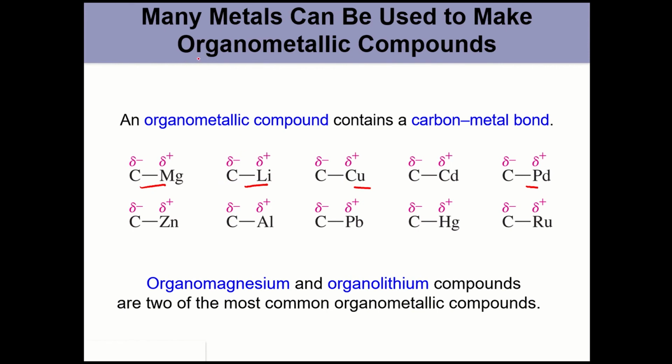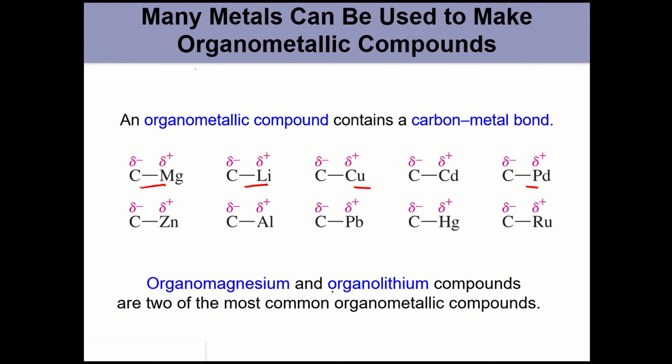So the name says organometallic. That means when we name these compounds, we put the organic part first and then mention the metallic part second. For example, magnesium-containing organic compounds can be generalized as organomagnesium.